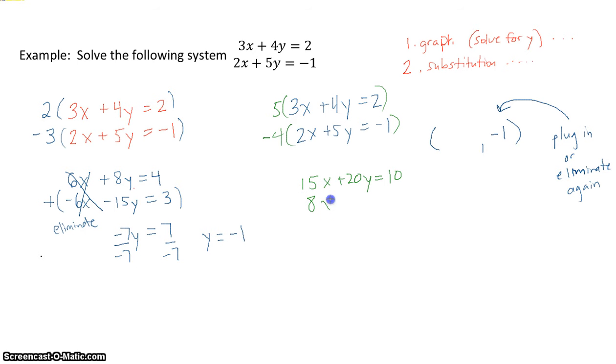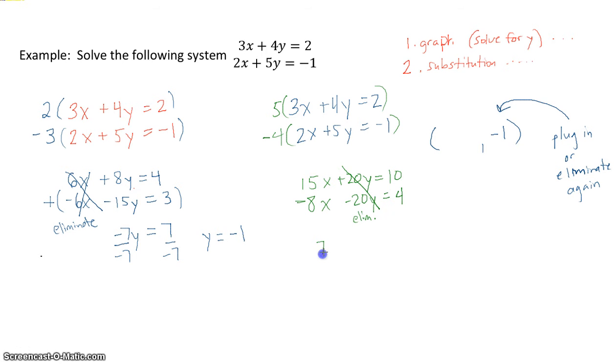And I'm going to get negative 8x minus 20y equals a positive 4. So what I'm left with, notice again, these are opposites of each other. So these are going to eliminate.